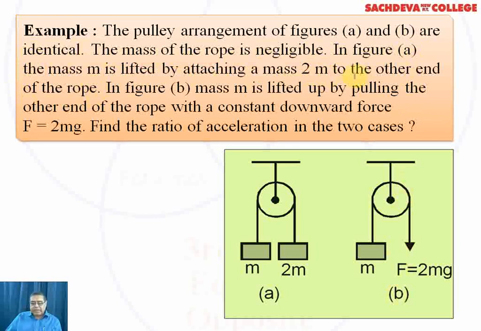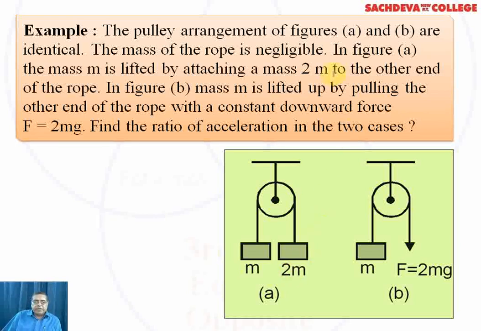So in figure A, towards the right side it is 2M, and towards the left side it is M. Obviously 2M is greater than M, so the tendency of the mass will be to move downward, that is 2M will come down and M will go up. However, the tension in the two strings will remain the same, and the acceleration of the two masses will be the same.